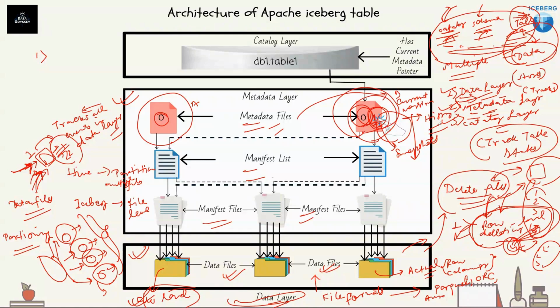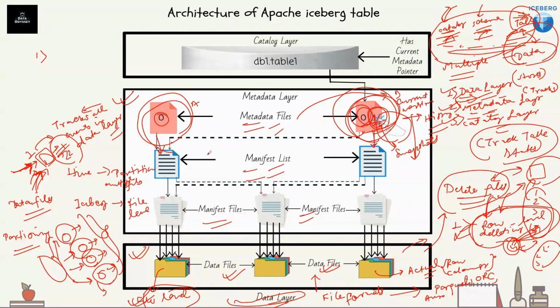Now we have the manifest files. Maybe prior to that, we have the manifest list. Now what is this manifest list? The manifest list is essentially the snapshot of the table at a given point in time. Metadata file A has a manifest list, and metadata file B also has a manifest list.